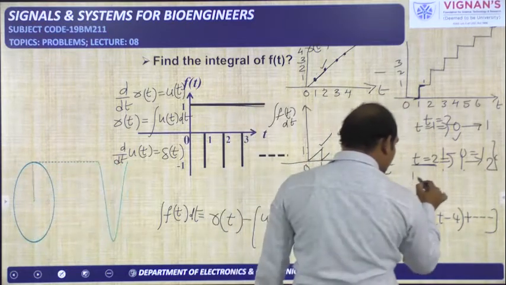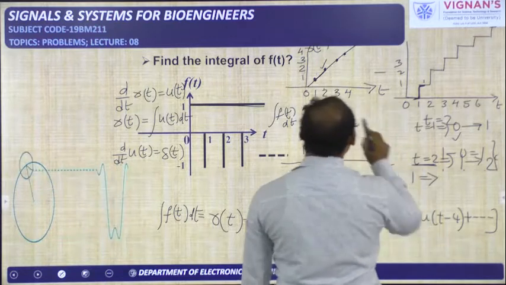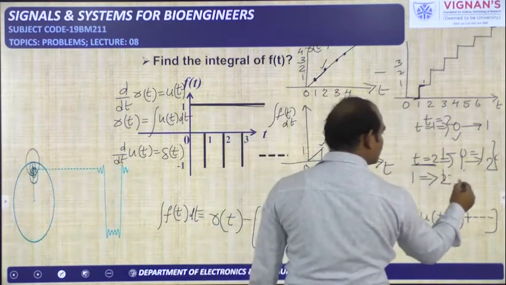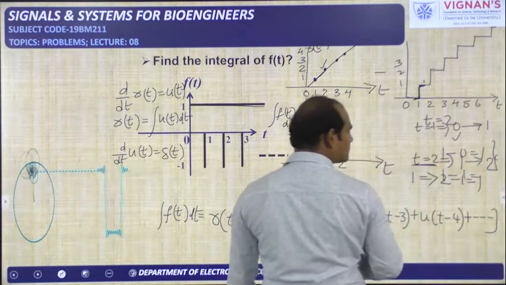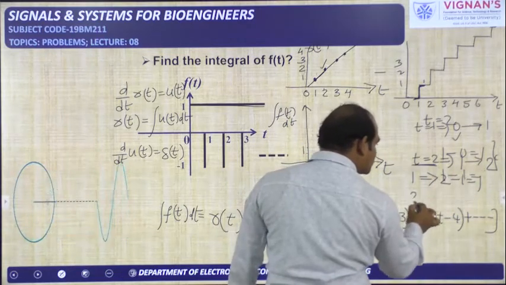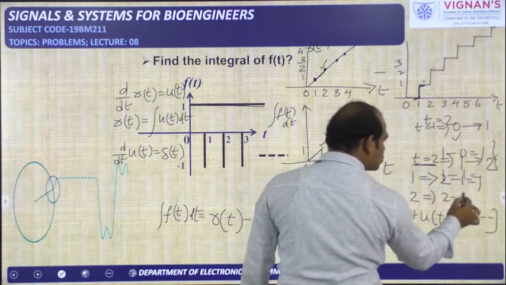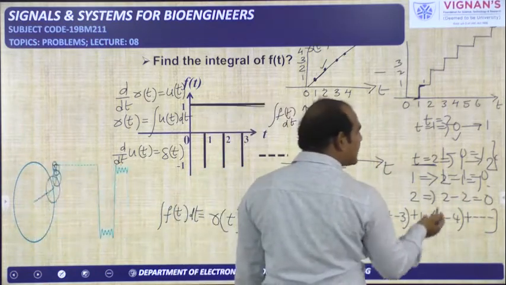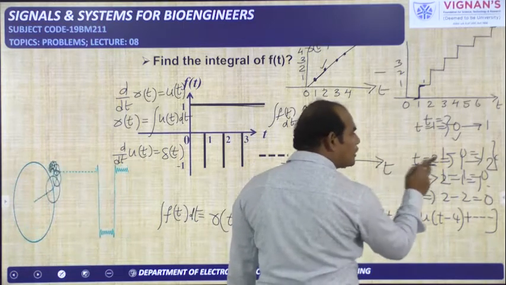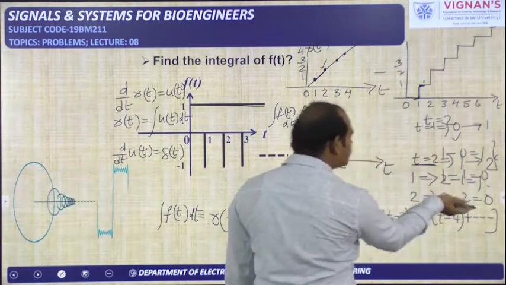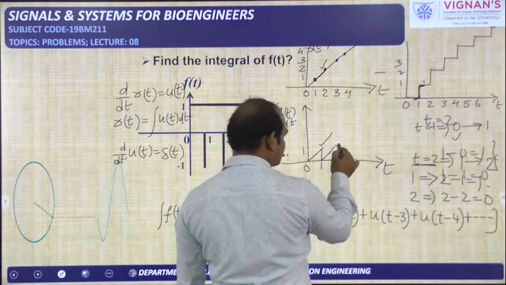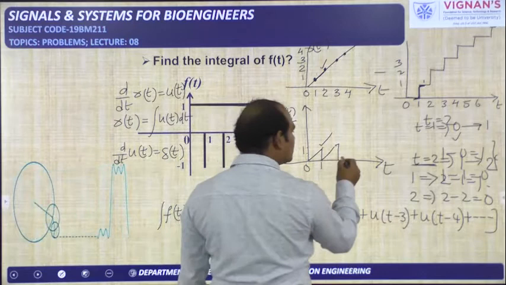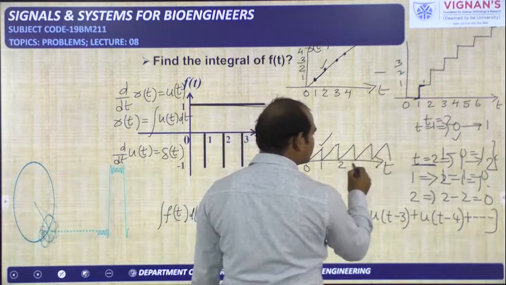If amplitude is 1, exactly at t is equal to 2, it is 2. So 2 minus 1 will be 1. If this amplitude is 2, 2 minus 2 will be 0. So what is the meaning of this one? Exactly at t is equal to 2, we should take 1 to 0. Like this you will get. And this will be continued, you will get like this. This is the resultant signal.